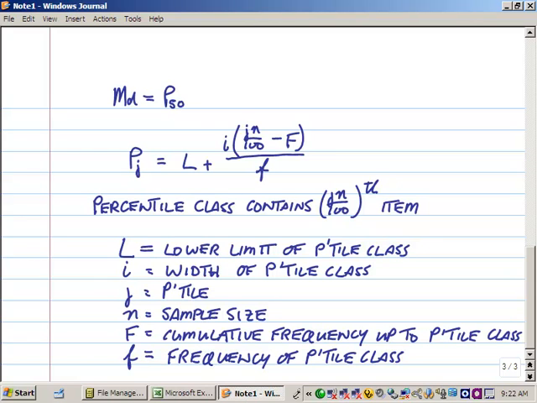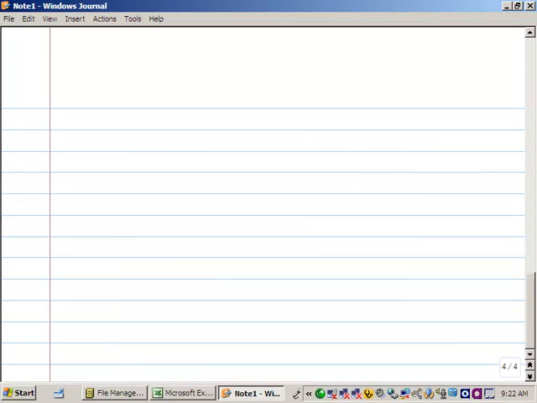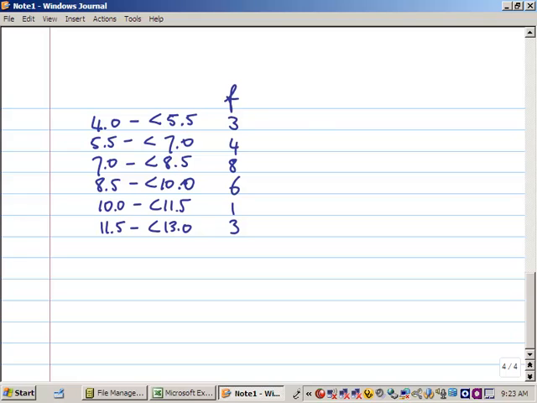So let's use the same example, the same data set that we used for the last example of the median. I will pause the recording while I write that up. Alright, so this is the example that we had before. These were, for instance, current interest rates paid on mortgages in a sample of 25 homeowners. To do these calculations, first we need to start with the cumulative frequency.